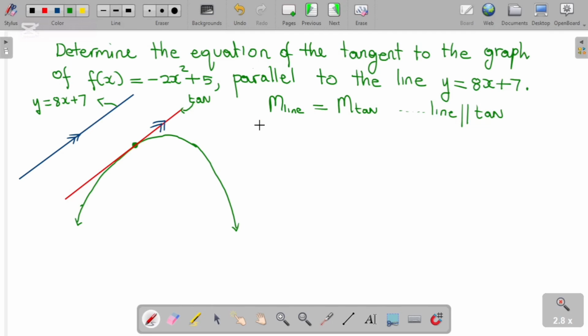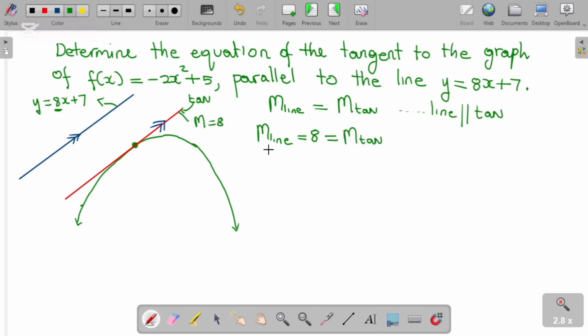What is the gradient of the line y equals 8x plus 7? It is 8, because this is in the standard form y equals mx plus c, so m is 8. The tangent will also have a gradient of 8.